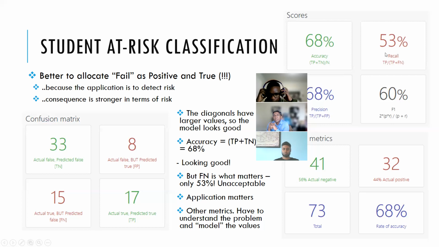So in the case of classification in machine learning, when you are trying to assign the correct label, we have to understand the measure in the context of the problem we are trying to solve. So that's why machine learning needs more care.